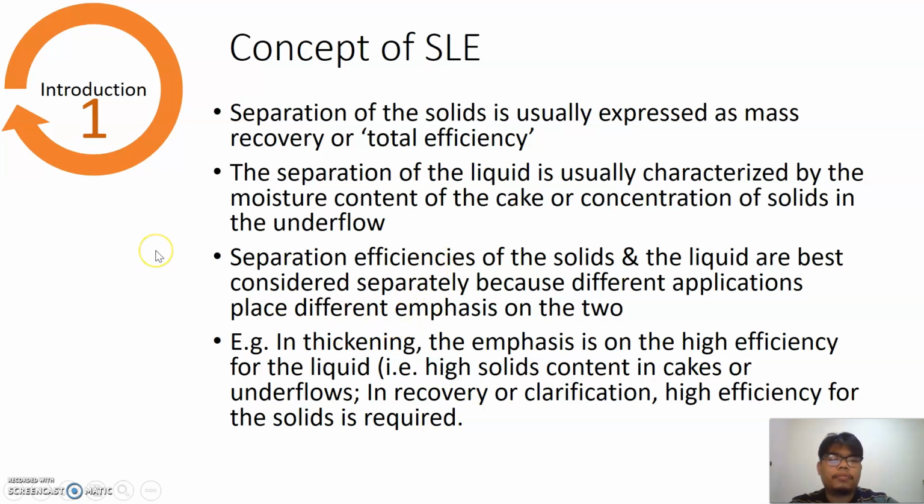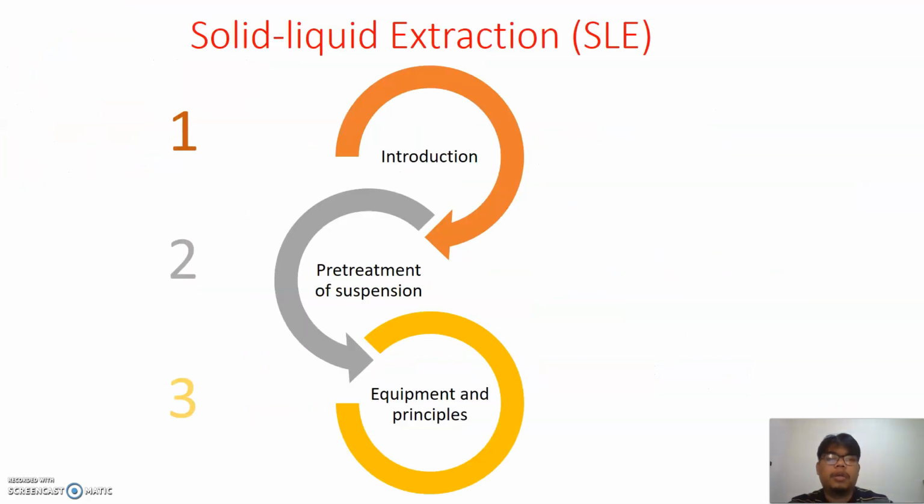For example, in thickening, the emphasis is on high efficiency for the liquid, while in compression, high efficiency for the solids is required. So here are a few concepts of solid-liquid separation.